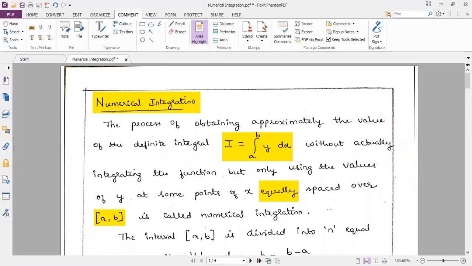So here we do not perform the usual integration and apply the limits, but through numerical methods, we will be integrating and obtaining an approximate value of the given definite integral.